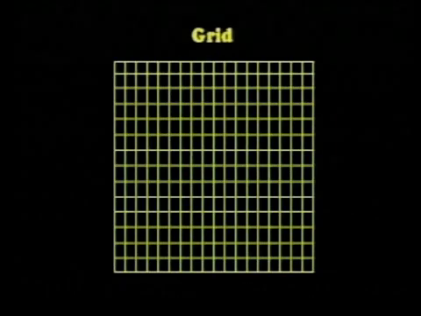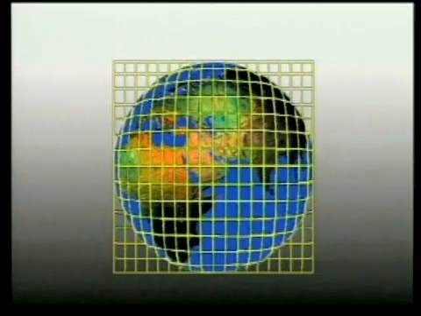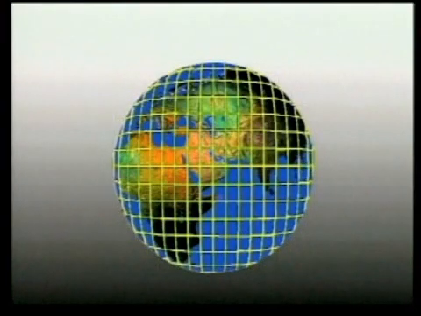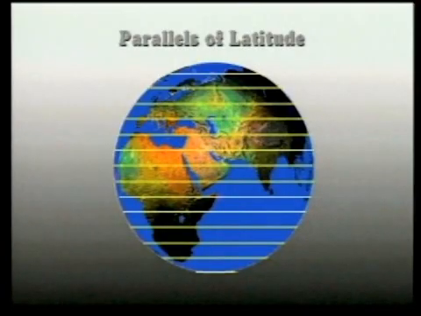Because a series of lines that runs east and west, and another that runs north and south, a grid, is printed on globes to help us find particular places and measure distances. We'll explain how in a few minutes, but first, a definition. The lines that run east and west are called parallels of latitude.